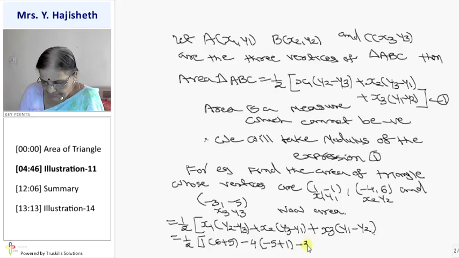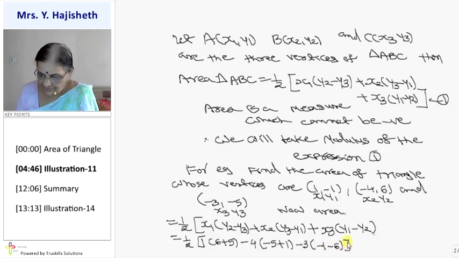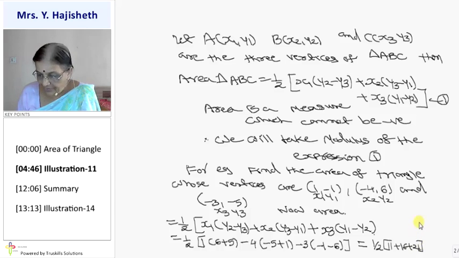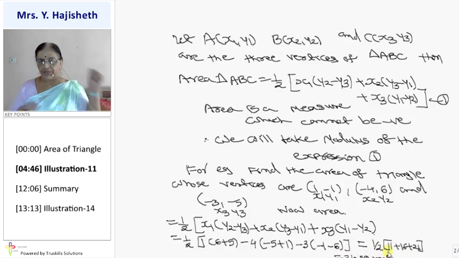Again x3 is -3, y1 is -1 and y2 is 6, so -1 -6. So my calculation will be 1/2 times, inside comes 11 plus 16 plus 21. So my answer is 1/2 times 48. So my answer is 24 square unit. If negative had come, I would still have taken positive. Okay?